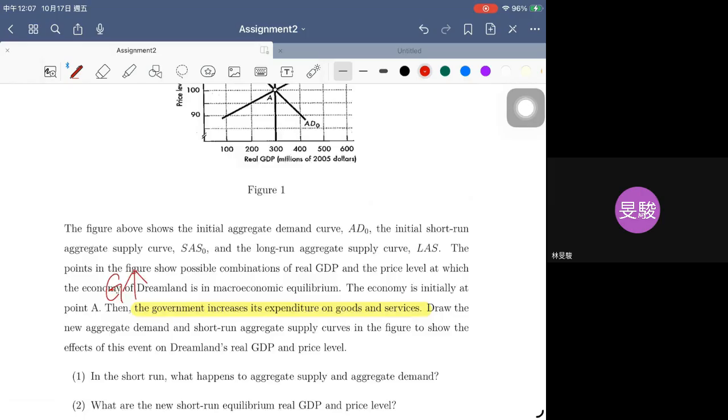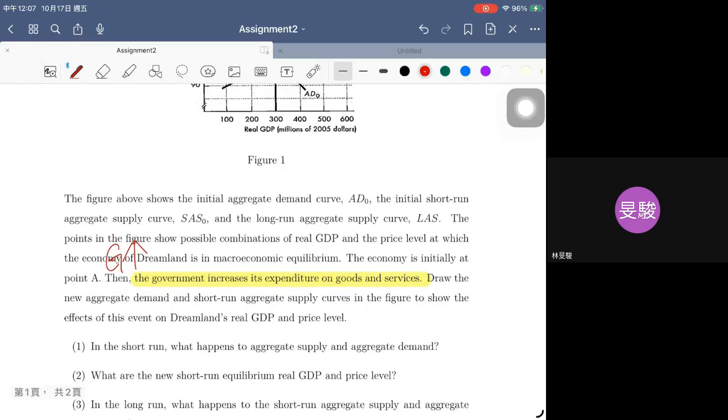This question asks us to draw the new aggregate demand and short run aggregate supply curve in the picture to show the effect of this event on Dreamland's real GDP and price level.